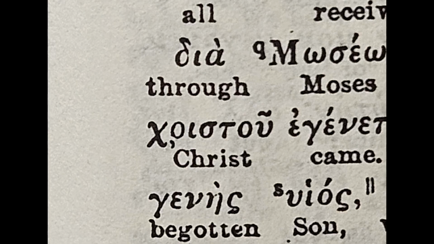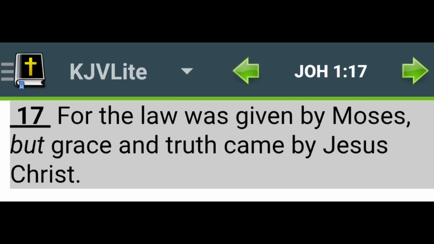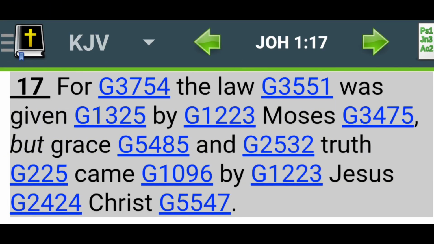We are in the book of John, chapter 1, verse 17. So if we look in MySword, we see the verse, "For the law was given by Moses, but grace and truth came by Jesus Christ." So looking in the concordance section of MySword, we see that the word Christ is assigned the Greek G5547.